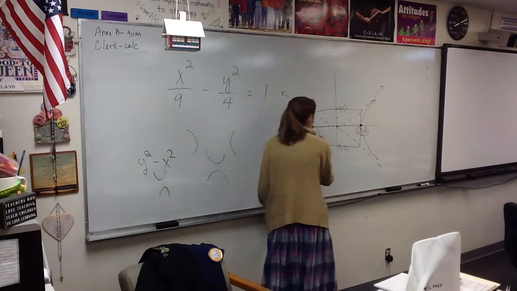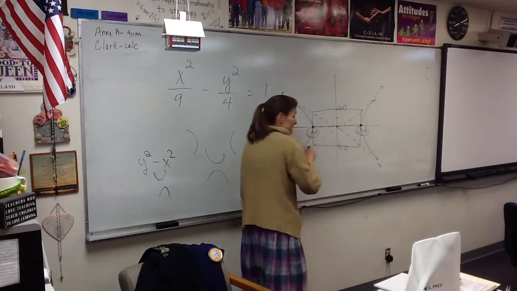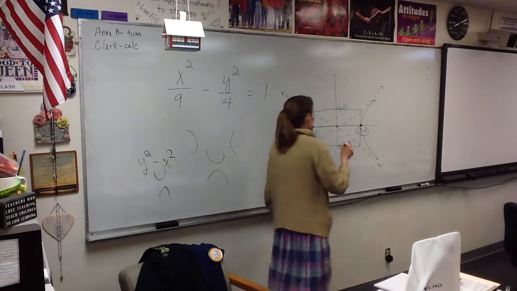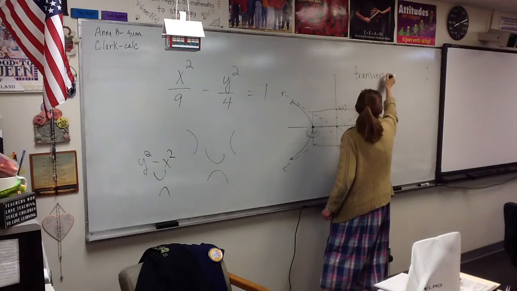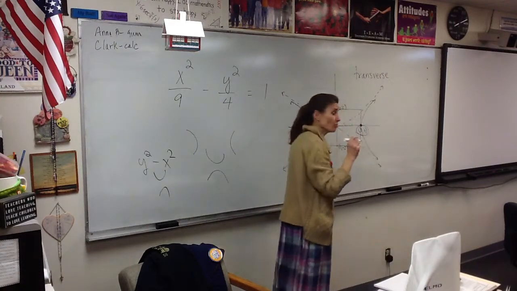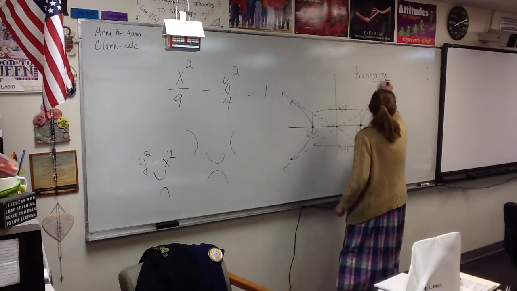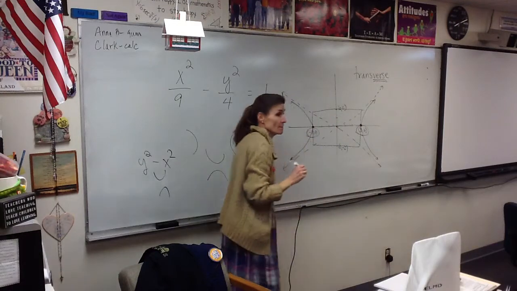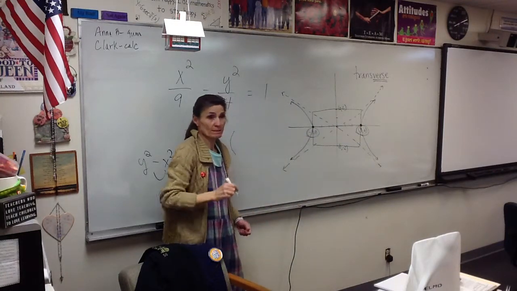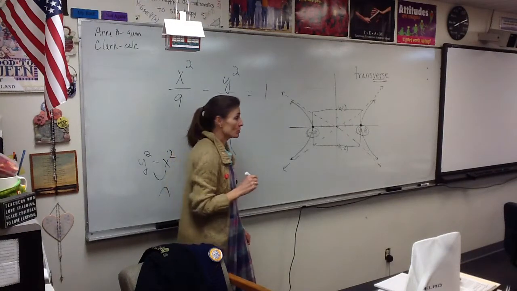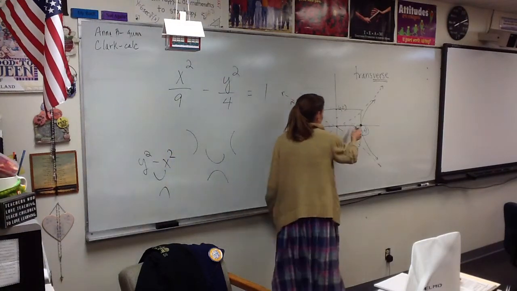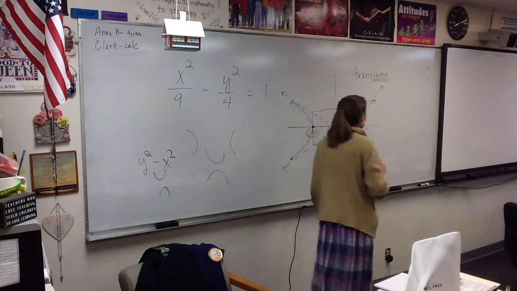The segment that joins the vertices is called the transverse axis. And you'll remember that because in the word transverse, you kind of see vertices. So the length of your transverse axis is 6.